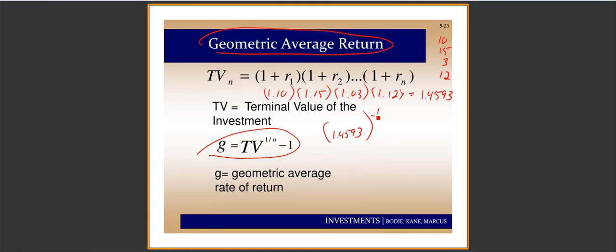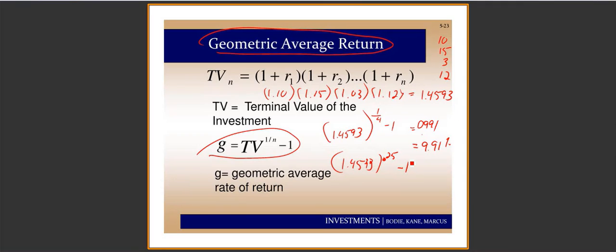So I'm going to raise that to the 1/4 power and subtract 1. And what I'm going to end up with is 0.0991, which is 9.91%. So I'd basically take 1.4593, raise that to the 0.25 power, and subtract 1.